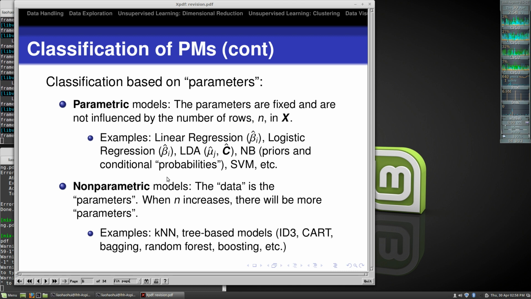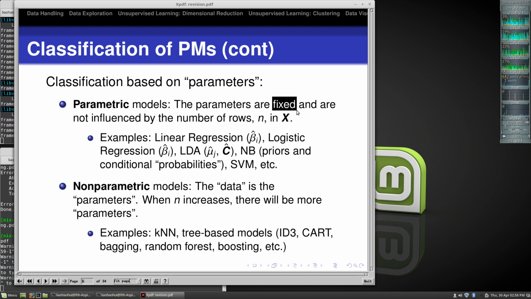Naive Bayes has all the priors and conditional probabilities. SVM we haven't touched on. All these have parameters in them, and the key thing we have to remember for parametric models is the parameters are fixed.